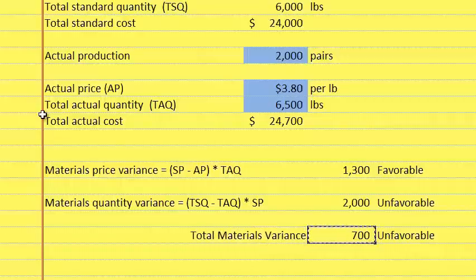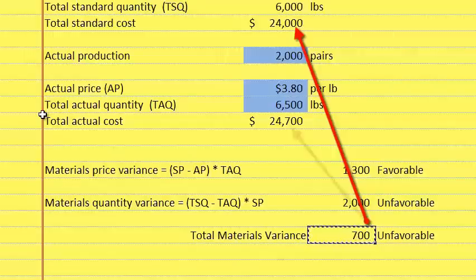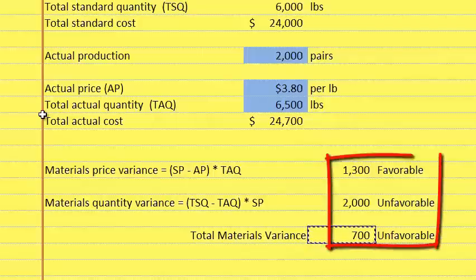You've seen that number before when you compared the total standard cost of $24,000 to the total actual cost of $24,700, and you said that we were $700 over budget. When we put these two variances together, they add up to the over budget amount. So the total materials variance, the combination of these two component variances, is $700 unfavorable.